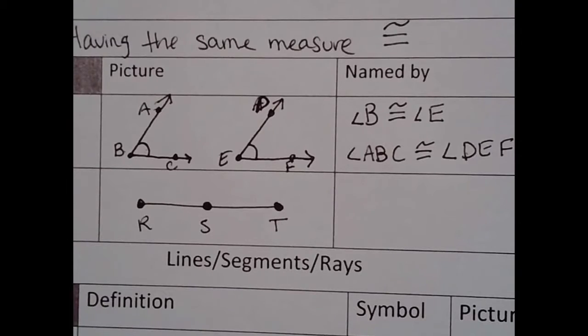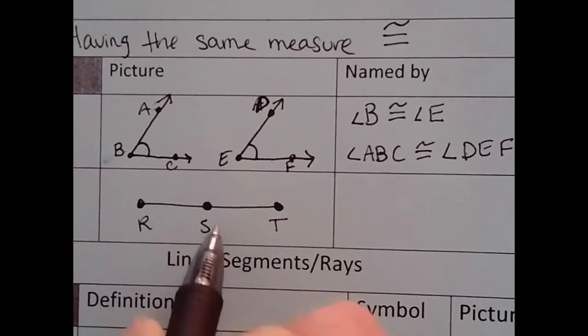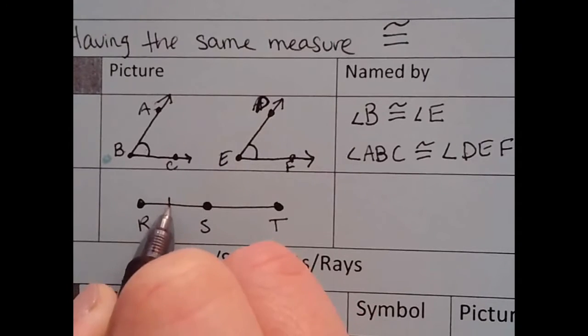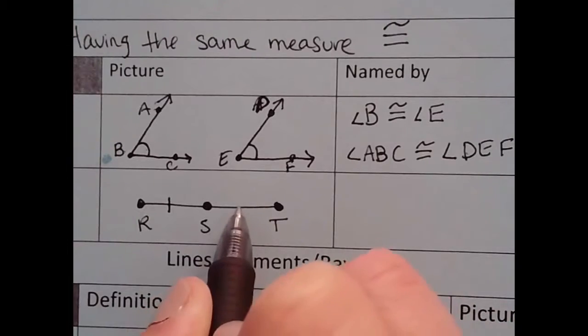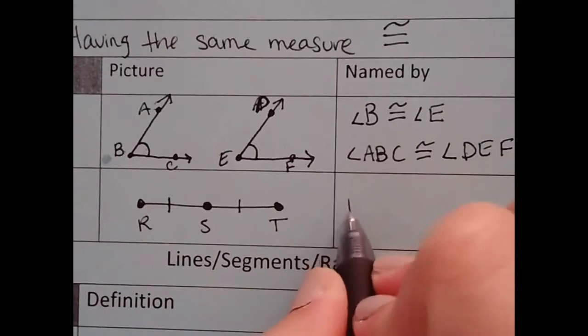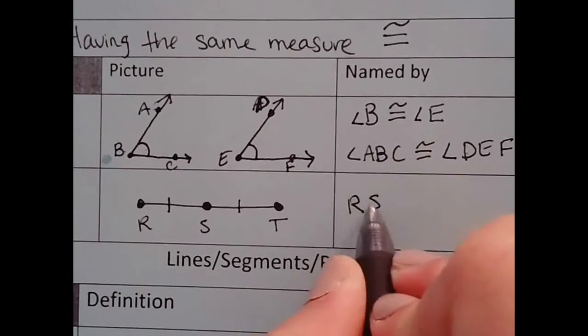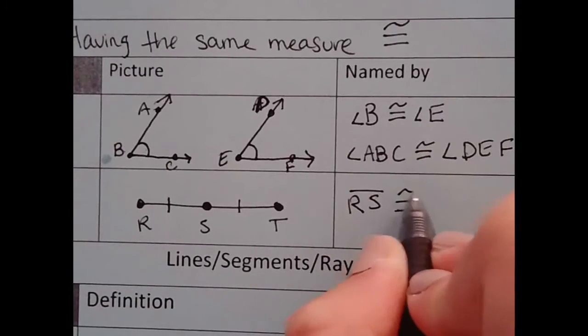S being in the middle is cutting that whole segment in half, which gives me RS being the same length or congruent to ST. Now note these are segments, so I can write them in either order, RS or ST. I'll just go left to right. RS, bar over it, is congruent to ST with bar over it.